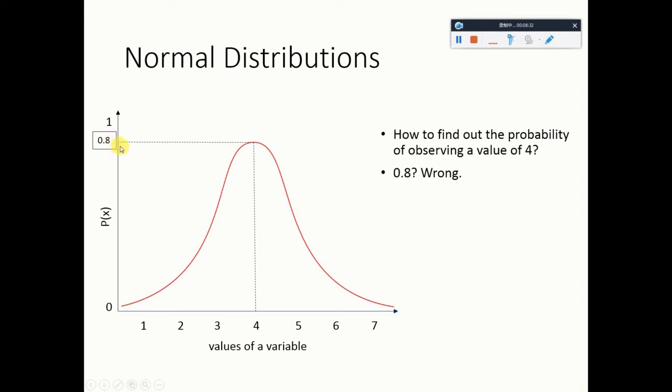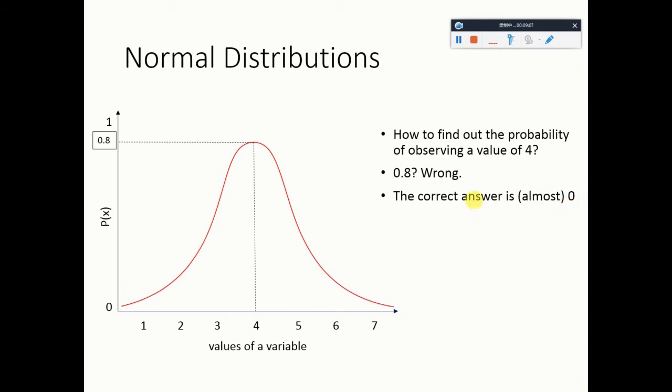I'm not saying that it's not 0.8, rather it's 0.78. That's not about the precision. It's not a matter of precision, but this way of finding out probabilities under a continuous distribution is fundamentally incorrect. So the correct answer for this question is actually 0, or technically almost 0, infinitely close to 0. That's the answer.